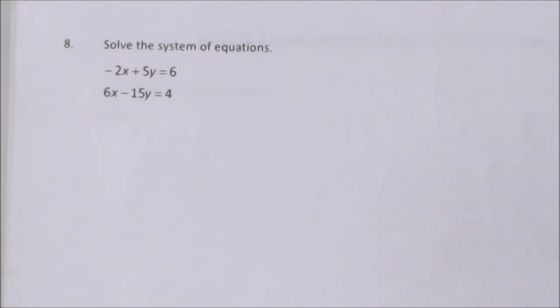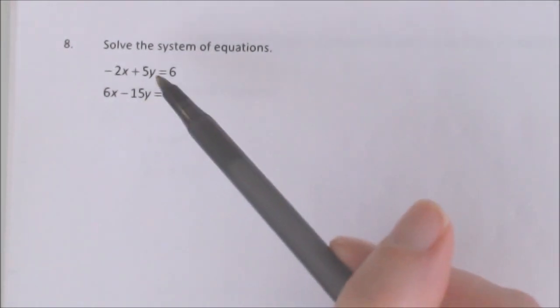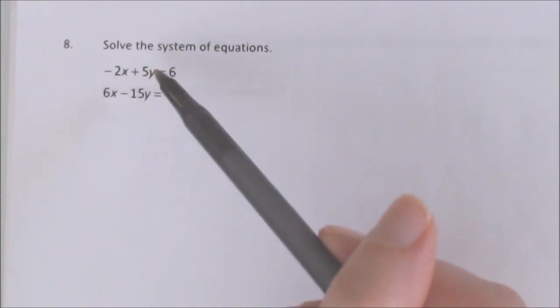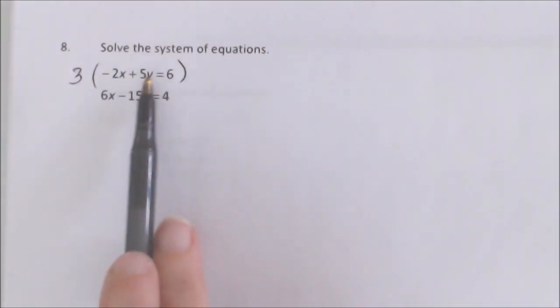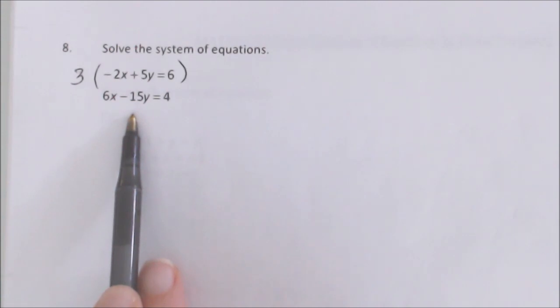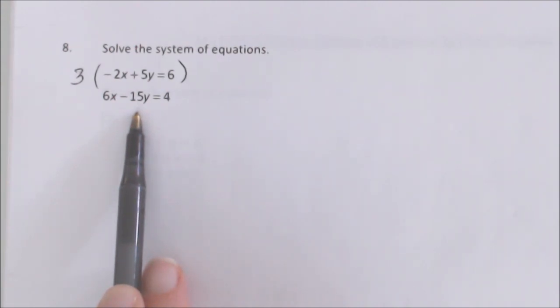So let's say we want to eliminate the y's this time. Is it necessary to multiply both equations by something? Well, if you notice that 15 is a multiple of 5, I can just multiply the top equation by 3 because that will give me a 15y for the top equation, and I'll have that negative 15y to combine it with in the bottom equation.